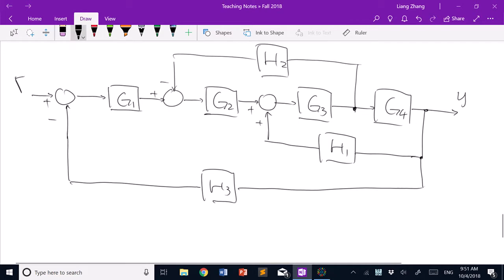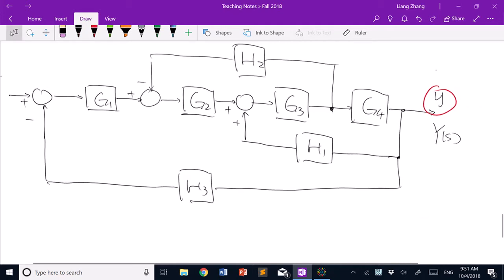So let's look at this graph, and let's talk a little bit about the signals involved. This part is my output Y. Of course, in the frequency domain, it's going to be Y of S, but I'll simply write Y to keep it simpler.